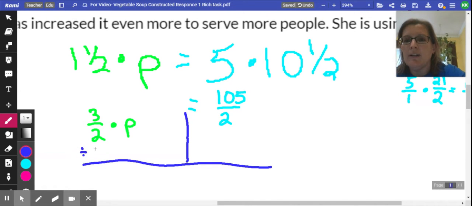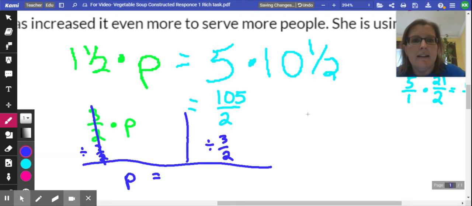So I know that I'm going to need to divide both sides by 3/2. On this side, 3/2 divided by 3/2 turns into 1P, but I don't really need the 1 anymore. And then on the right side, I'm going to have to do 105 over 2 divided by 3 over 2.